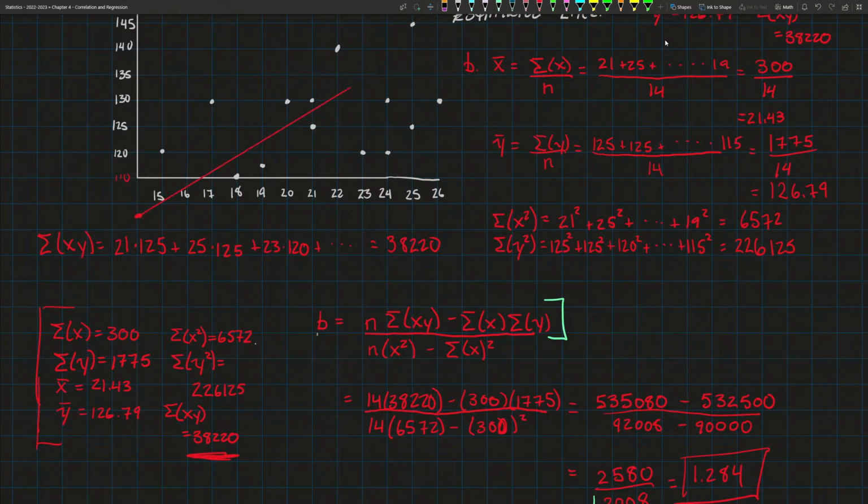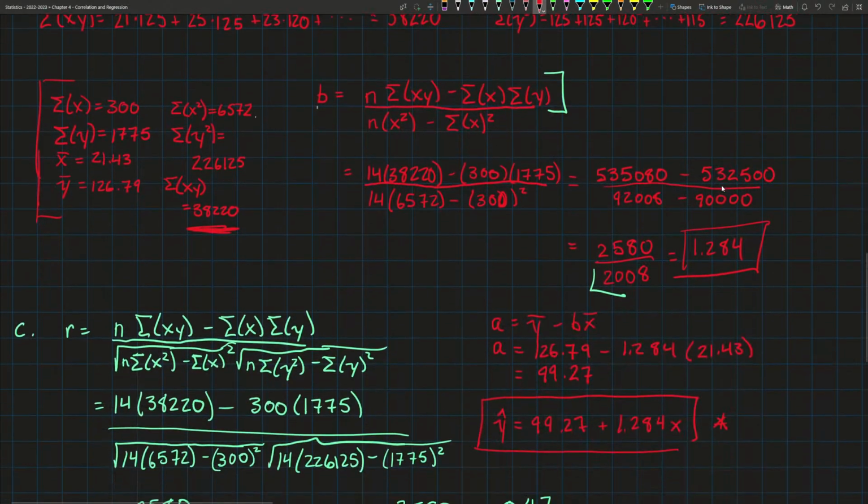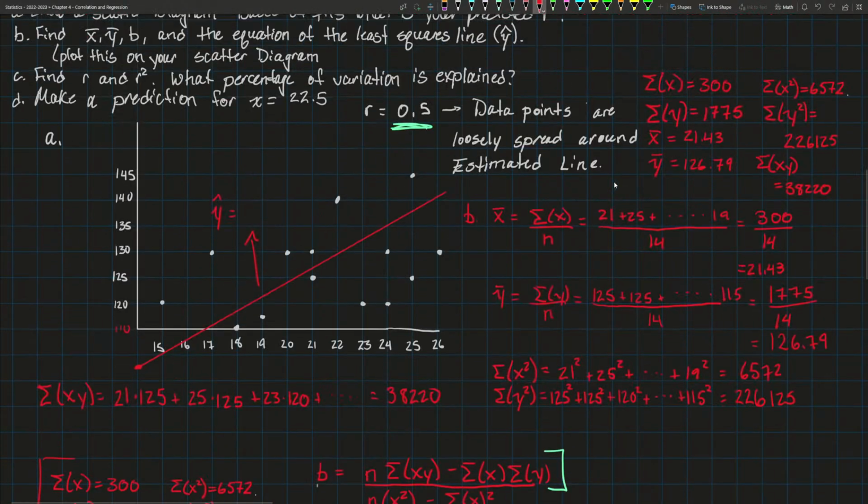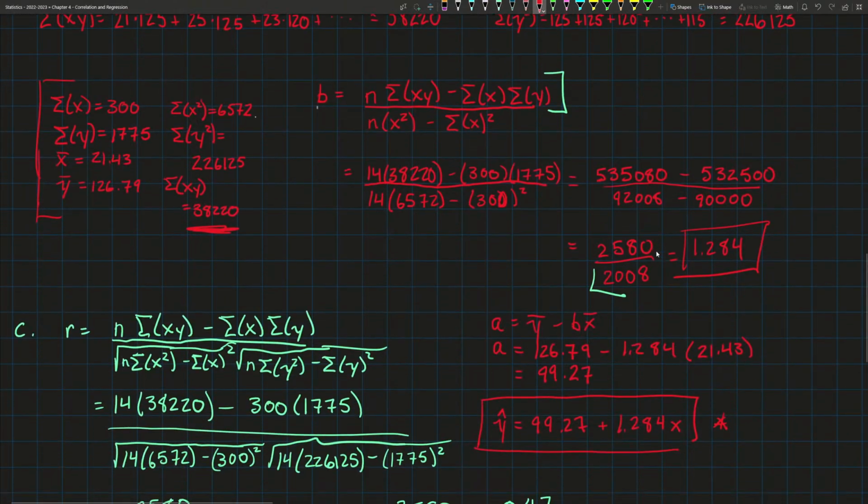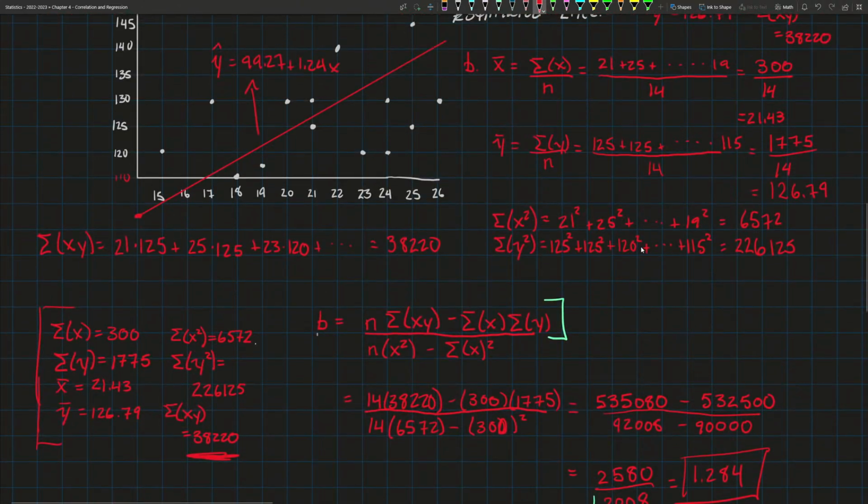So we get a line that looks like this. The slope is 1.284.